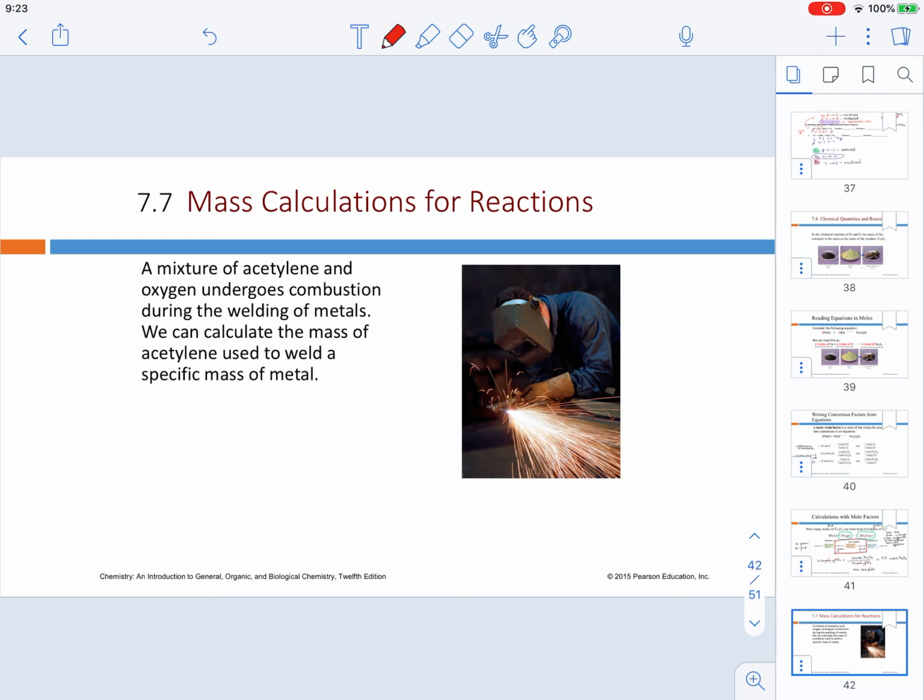This is an example of a reaction: acetylene, with the chemical formula C2H2, reacting with oxygen in a combustion. When this combustion occurs, you make CO2, water, and energy. So we can calculate the mass of acetylene that is used to weld a specific mass of metal.